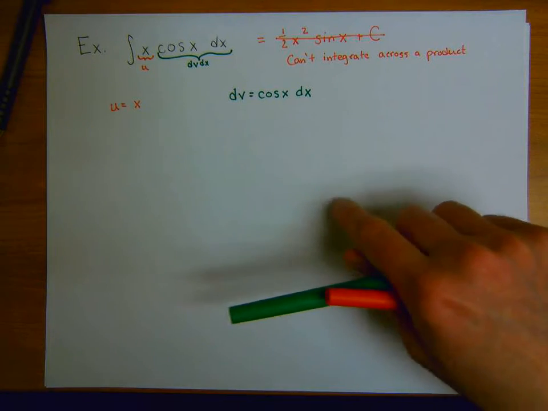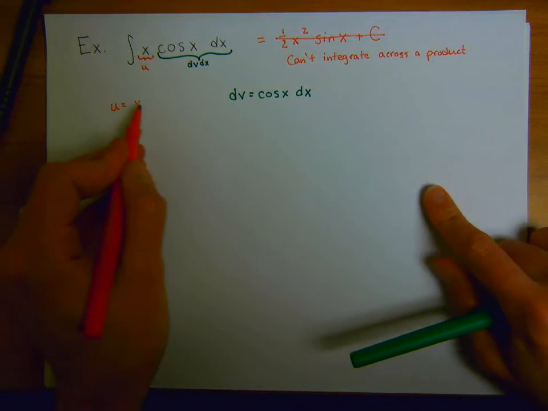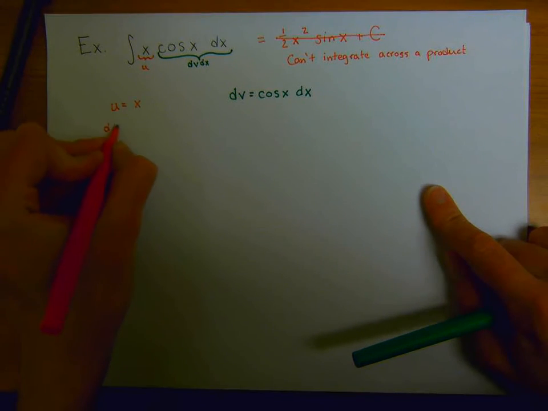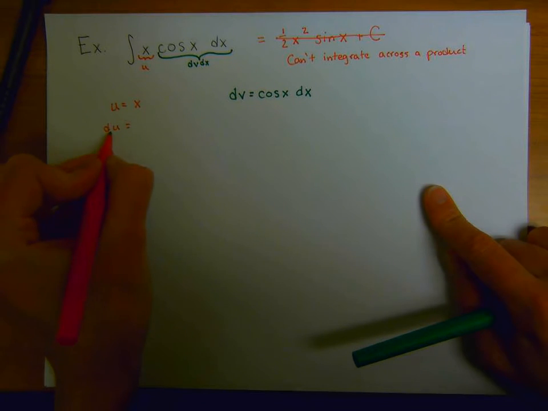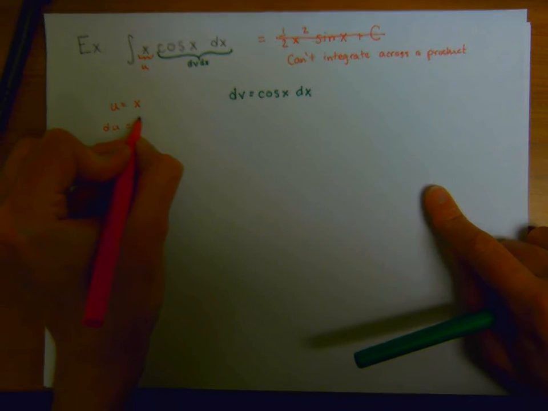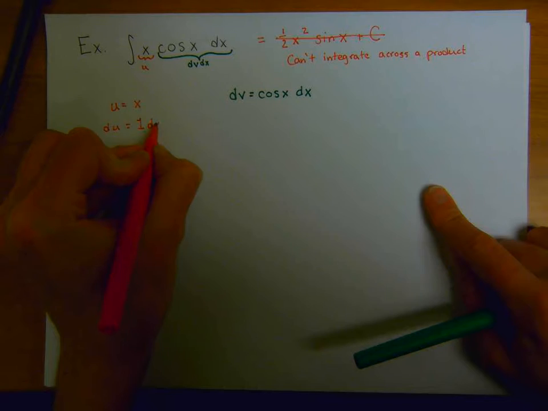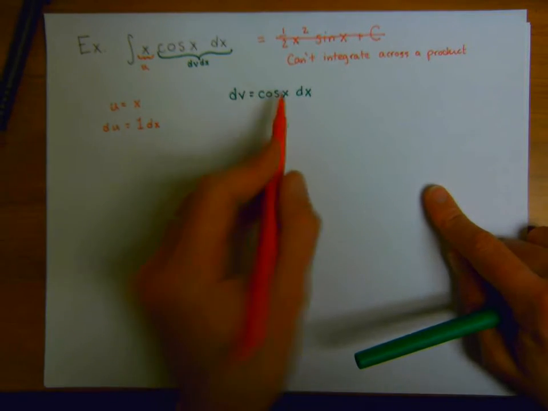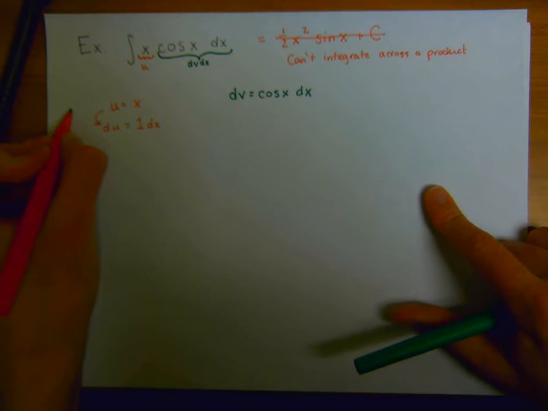So working from these pieces, if u is equal to x, then du is the derivative. So taking the derivative of u, I take the derivative of x, which is 1 dx.